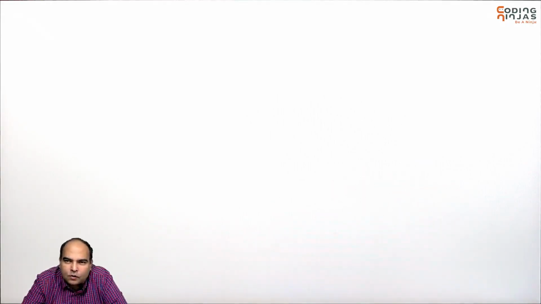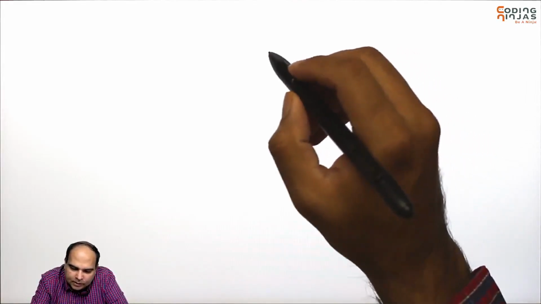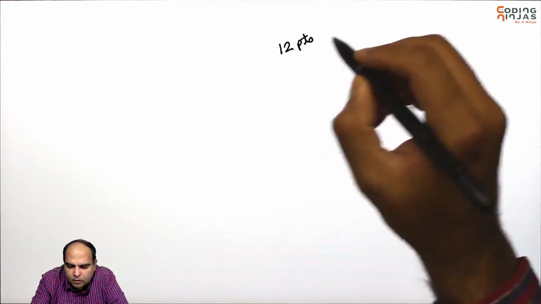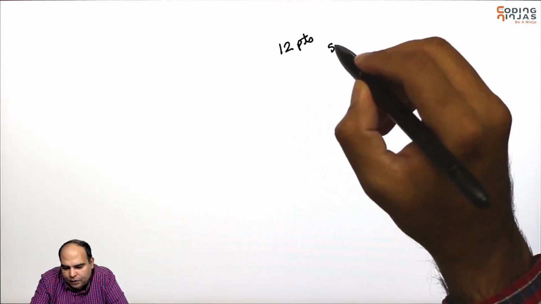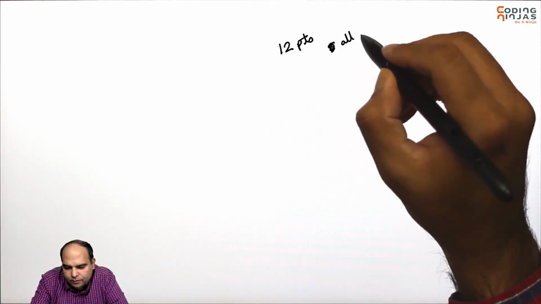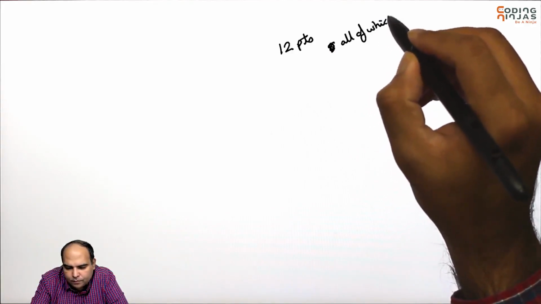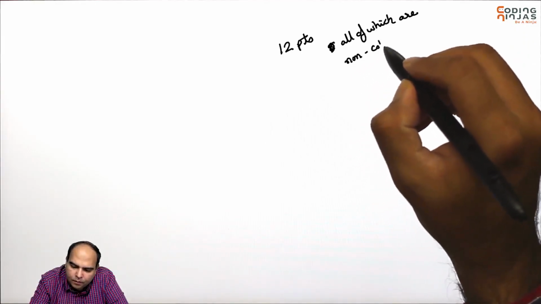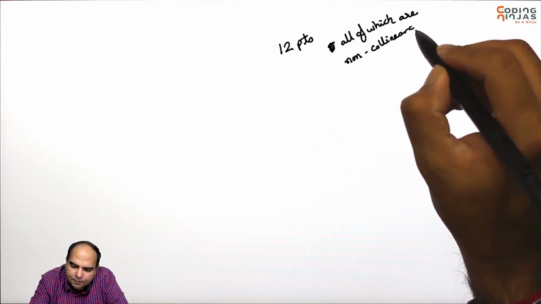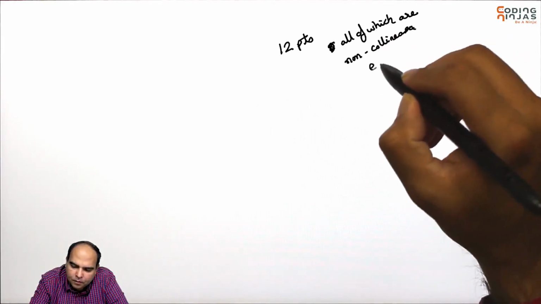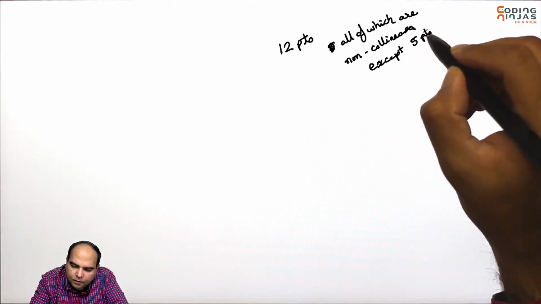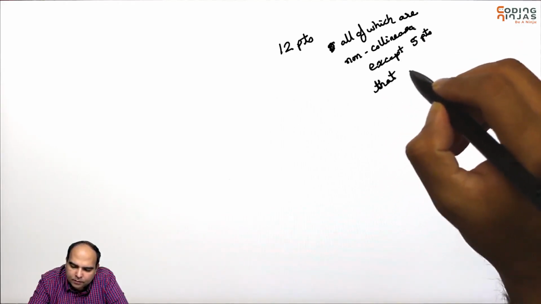And last but not least, another question where the same thing applies. We had done the triangles, quadrilaterals and straight lines questions a little bit earlier. So suppose I tell you that there's a plane on which there are 12 points, all of which are non-collinear, except 5 points that lie on the same line.